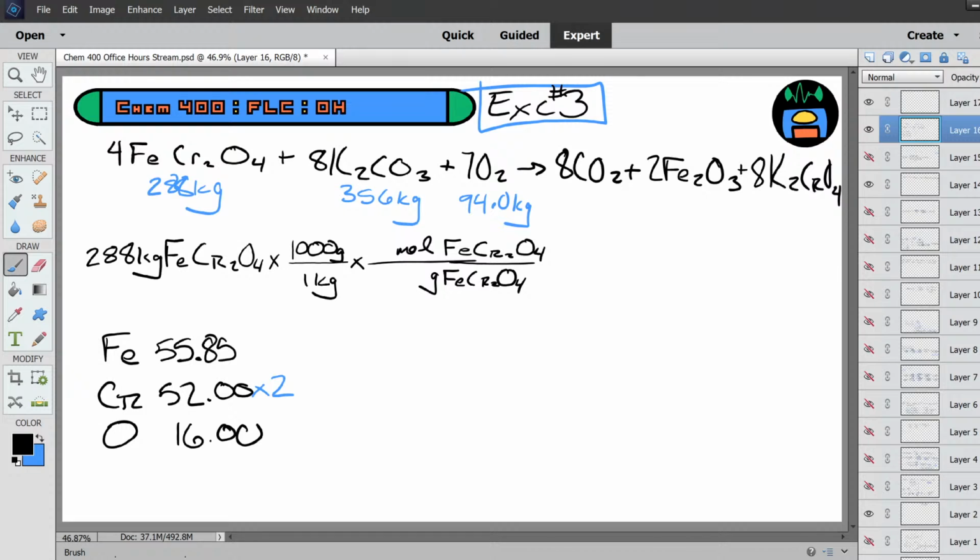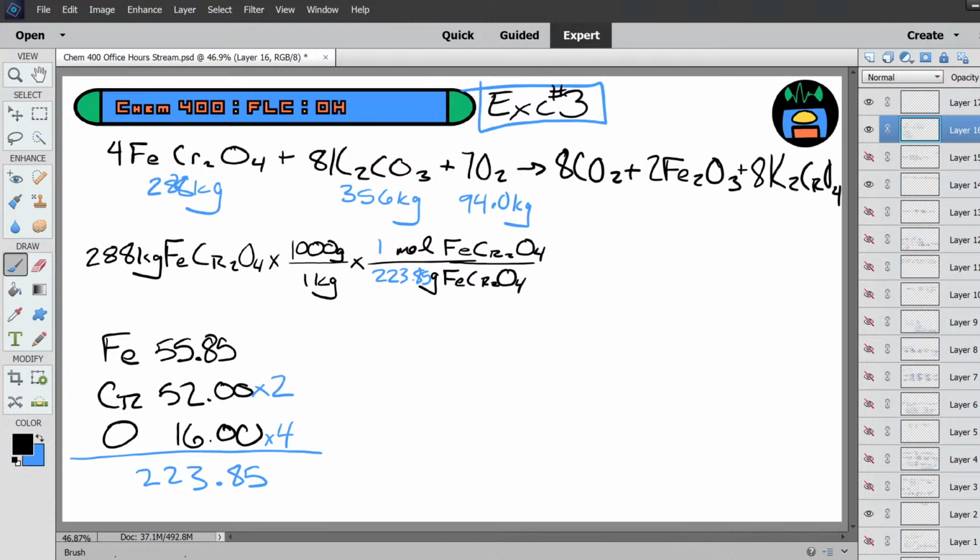So 52 times 2 plus 16 times 4 plus 55.85 comes out to 223.85 grams in a mole.